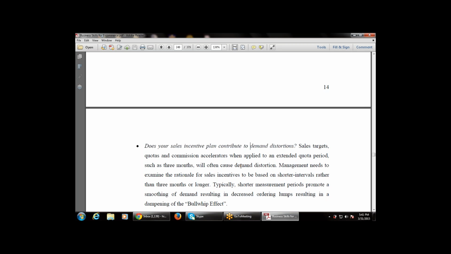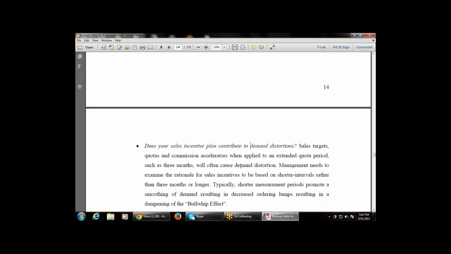Sales targets, quotas and commission accelerators, when applied to an extended quota period such as 3 months, will often cause demand distortion. Management needs to examine the rationale for sales incentives. It is the responsibility of management to examine the processes so that sales incentives are based on shorter intervals rather than 3 months or longer.